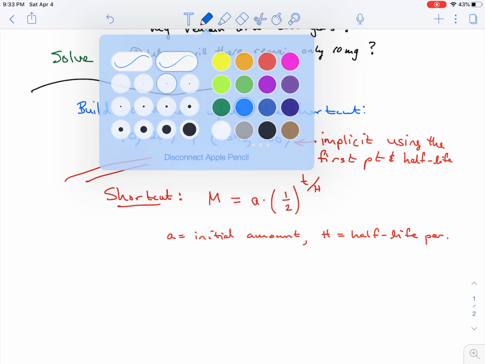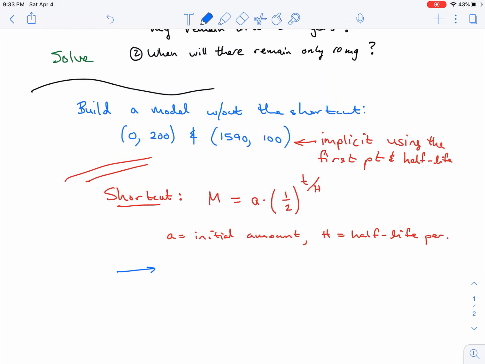So using the shortcut, our function is m equals 200 times 1/2 to the t over 1590.